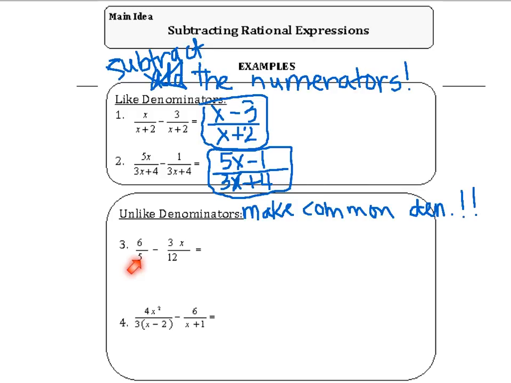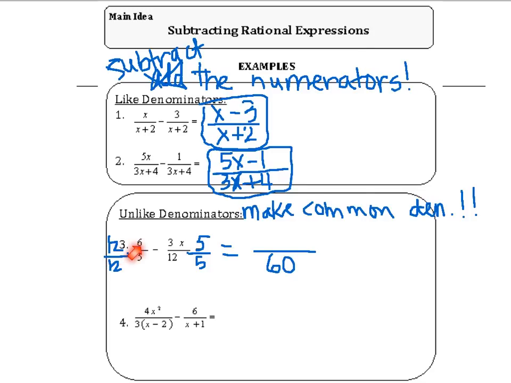So looking at these, 5 and 12. Well, 5 doesn't go into 12. So I need to multiply the top and bottom of this one by 12 and the top and bottom of this one by 5. So I'm going to do 12 over 12. And over here, I'm going to multiply by 5 over 5. Okay. That will leave me on the bottom, 12 times 5 is 60. So that'll leave me 60 on the bottom.